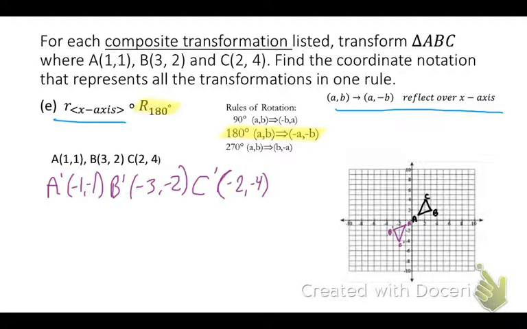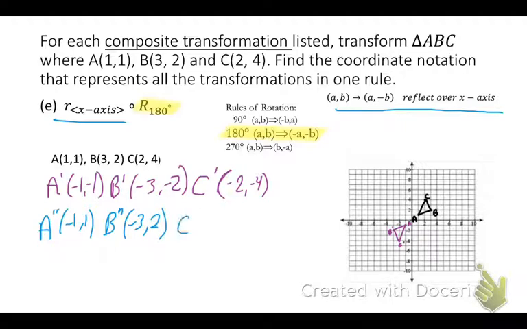So next, now we've rotated 180 degrees, we're going to reflect it across the x-axis. To reflect across the x-axis, all we need to do is change our y-coordinate. So the point (negative 1, negative 1) is going to become the point (negative 1, positive 1). The point (negative 3, negative 2) is going to become (negative 3, positive 2).